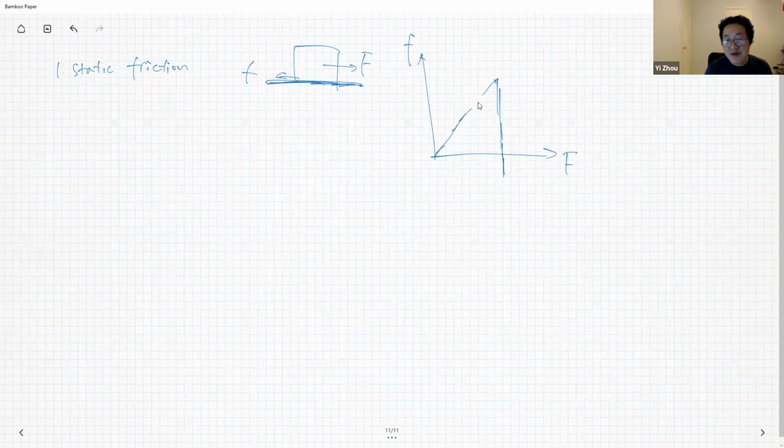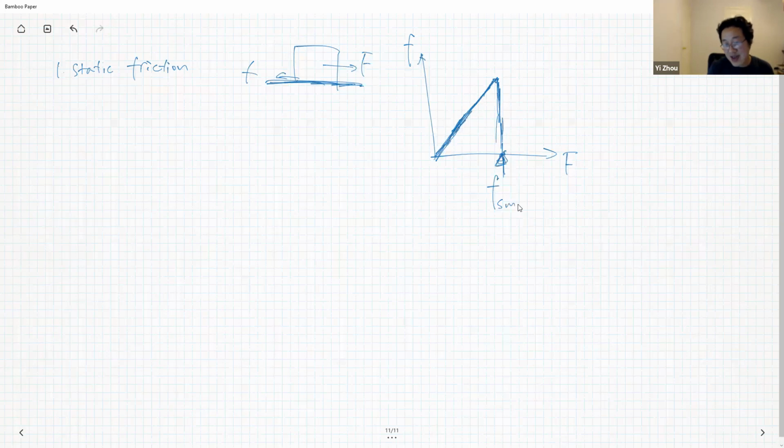Because it's not moving, that means the friction is the same as your force, until this value, then it will start to move, right? So this is what we call the maximum static friction. We call that Fs. So Fs is equal to the push force until the maximum value.